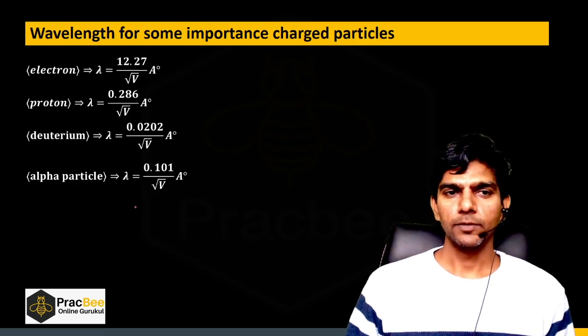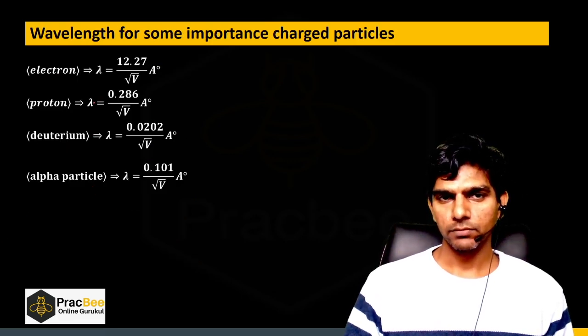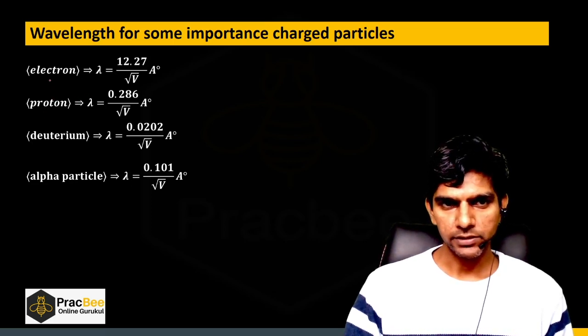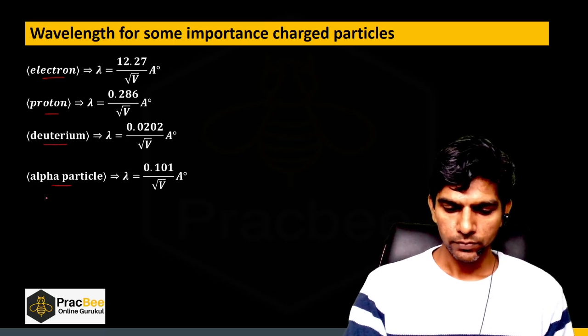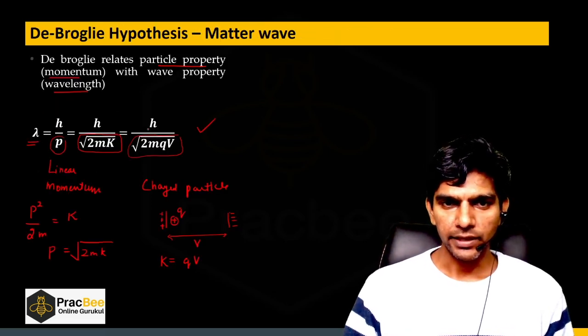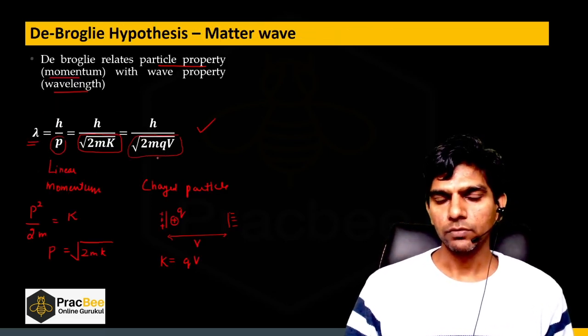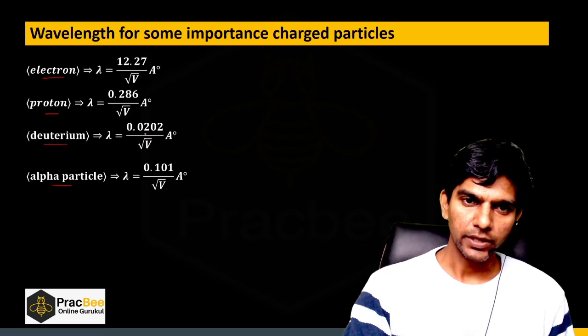And suppose we want to find the wavelength of some of the important charged particles, say electron, proton, deuterium, alpha particle. What we can do, if you see this h, m, and q, these are constant for that particular particle.